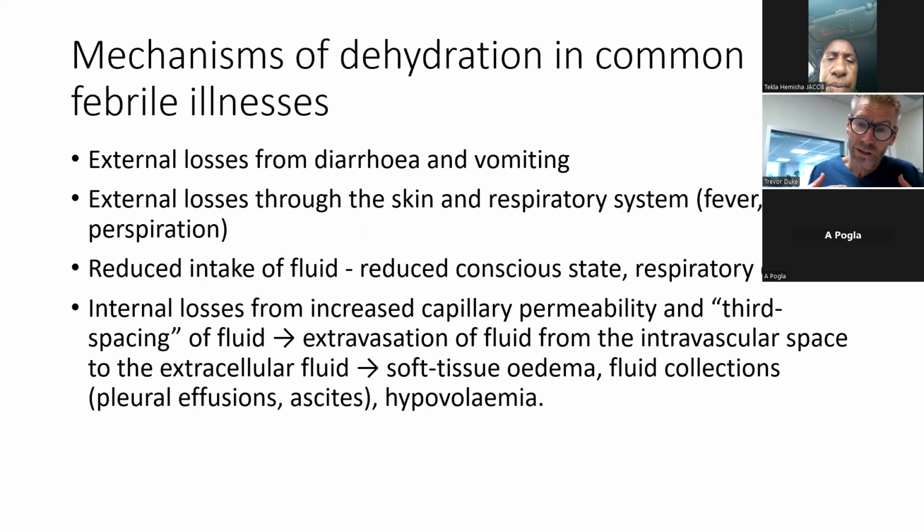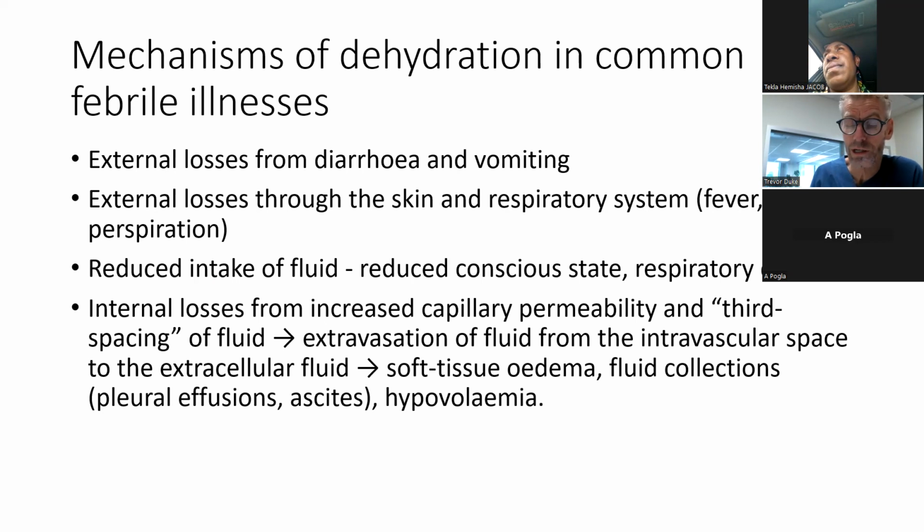And that leads to the edema that we see in some children with severe infections like severe sepsis, or sometimes with severe pneumonia. You see children with edema, especially if they've got malnutrition as well.